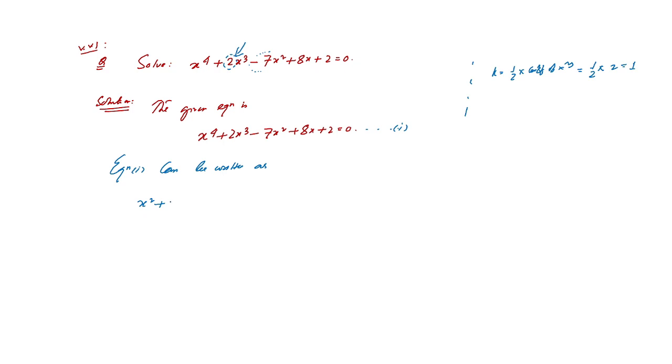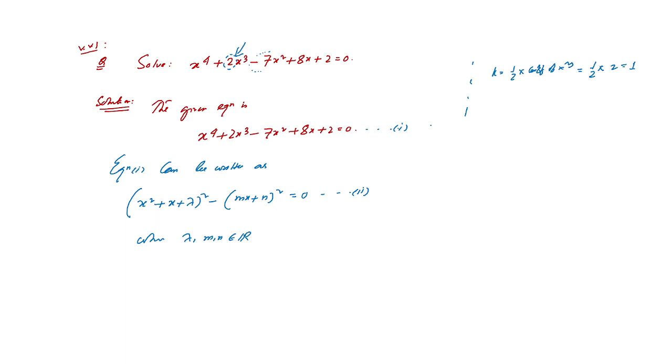So k into x, that means 1 into x plus lambda, whole square, minus mx plus n, whole square, equals 0. Where, what is lambda? The lambda, m, n are basically real numbers. This is equation number 2.